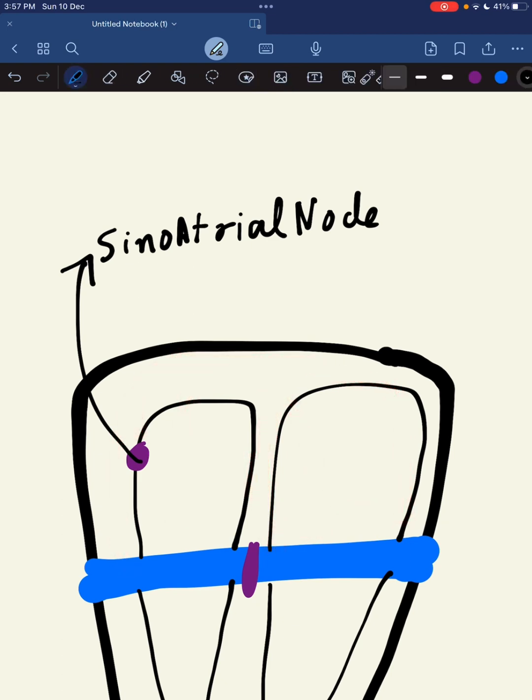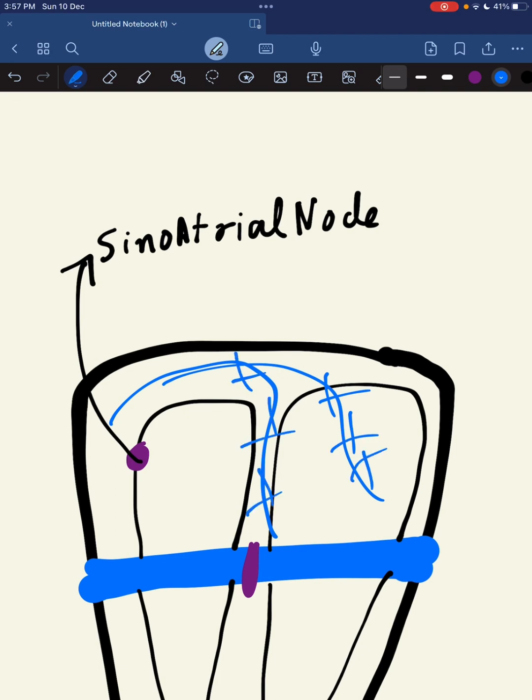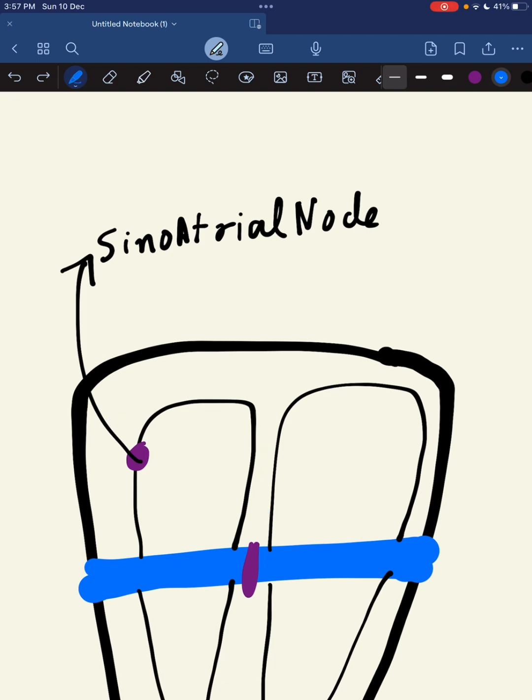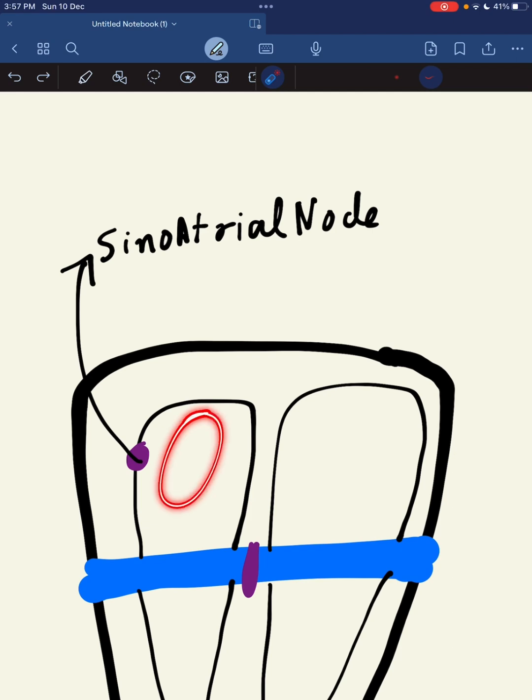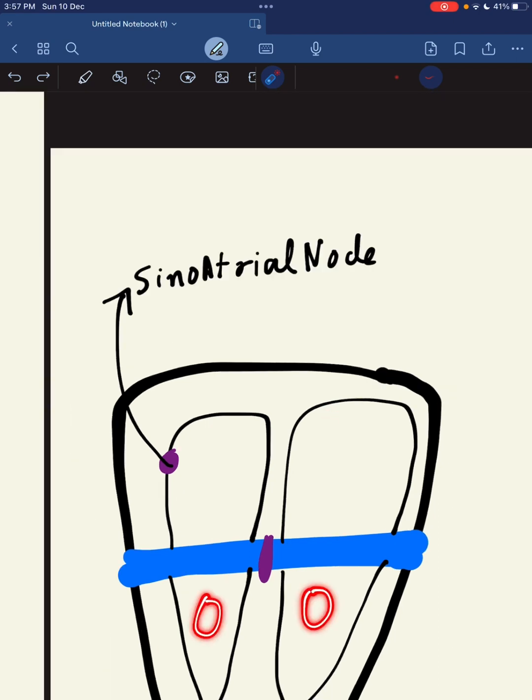The SA node will send a long wave of positive charge to the muscle of the atria. Remember, two atria at the top, and two ventricles down at the bottom.